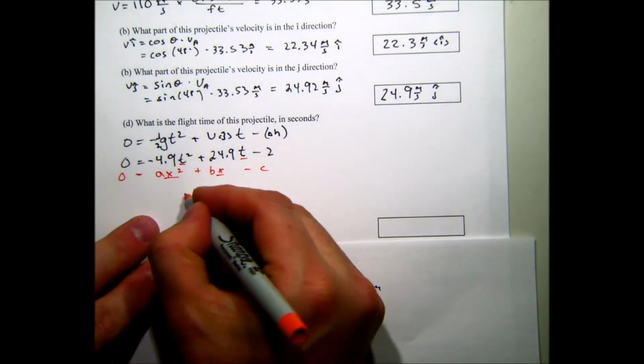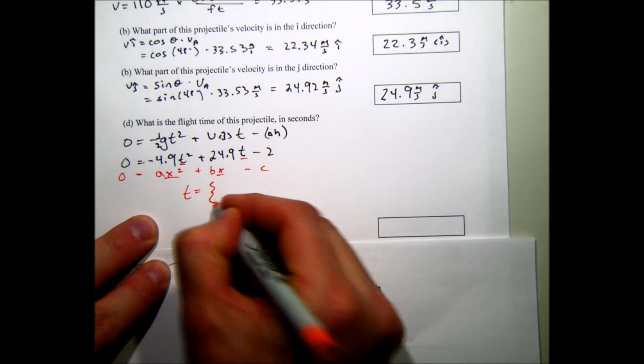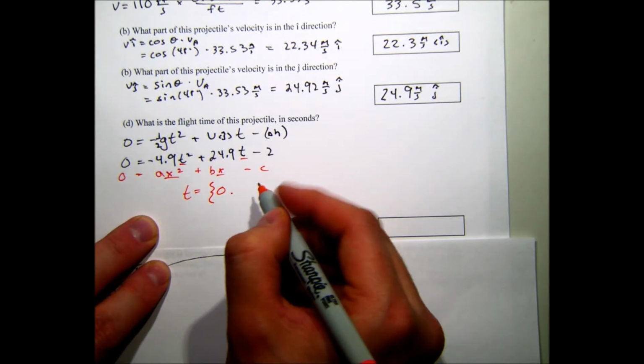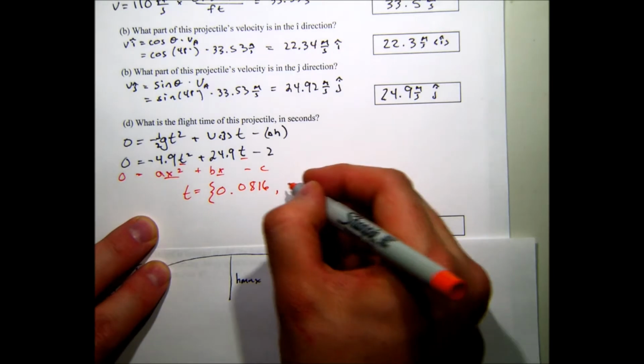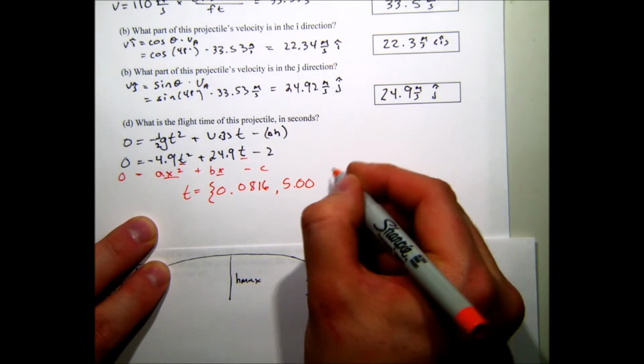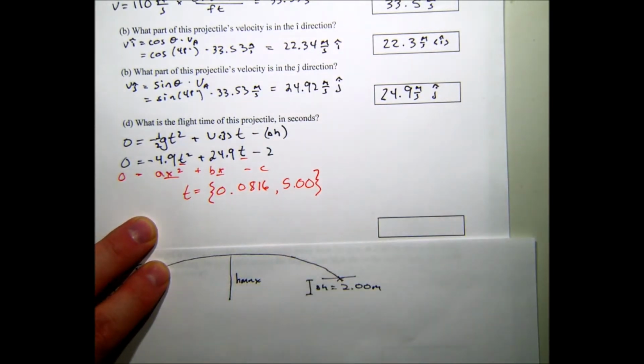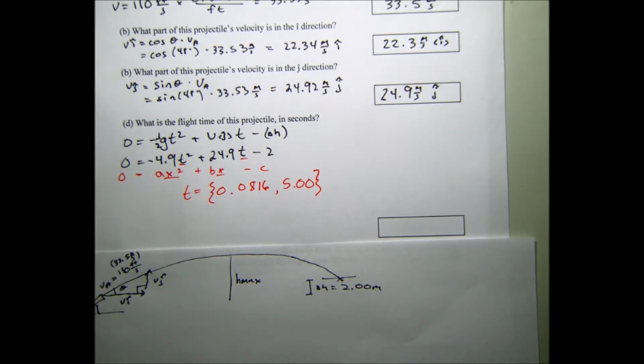So root 1 is 0.0816, and root 2 is 5.00, well, 0.004, depending on how many significant figures you took.